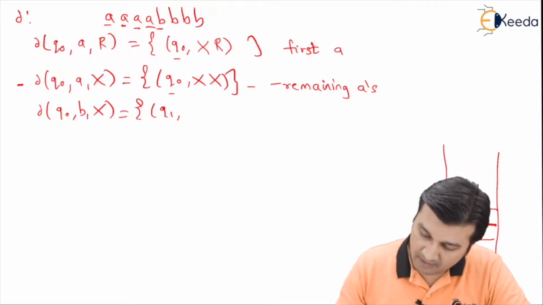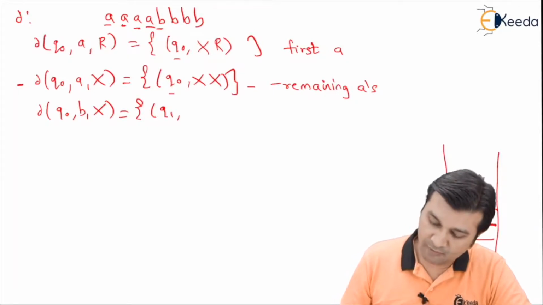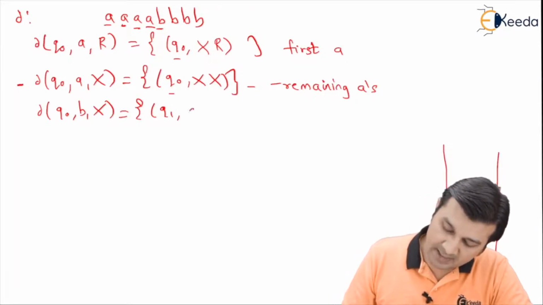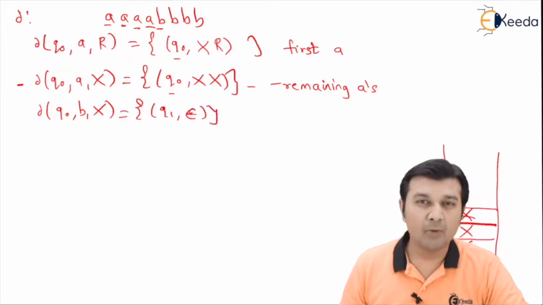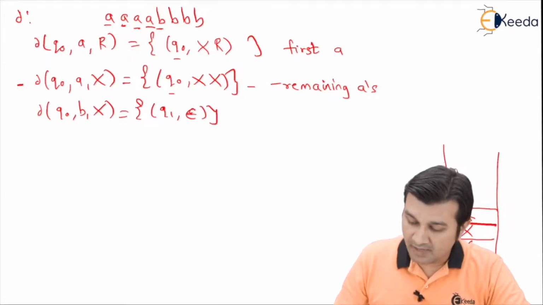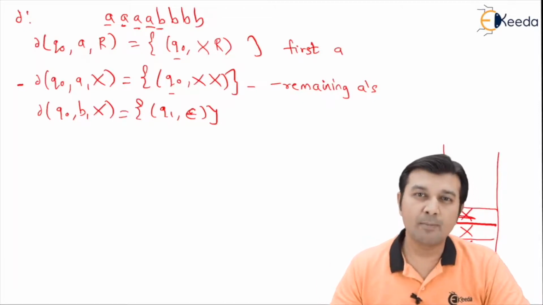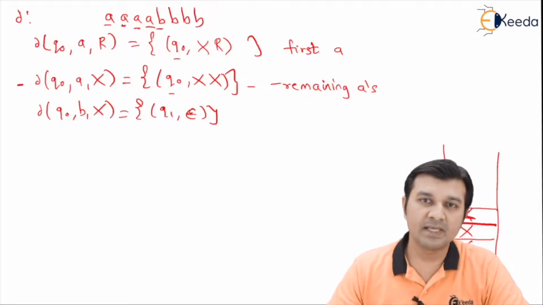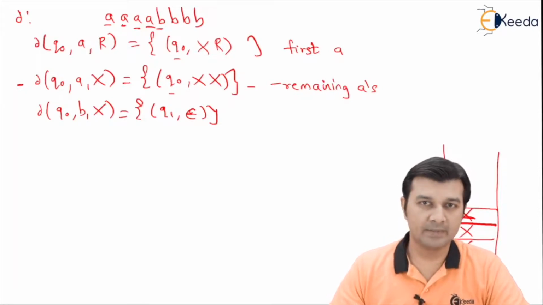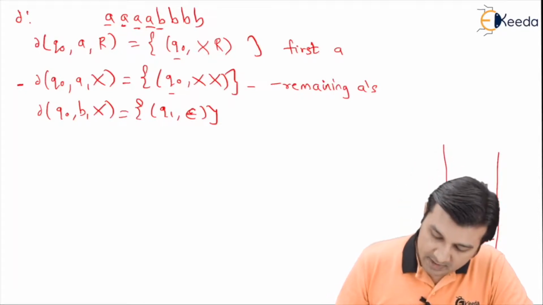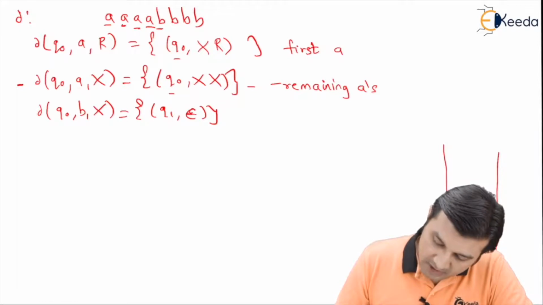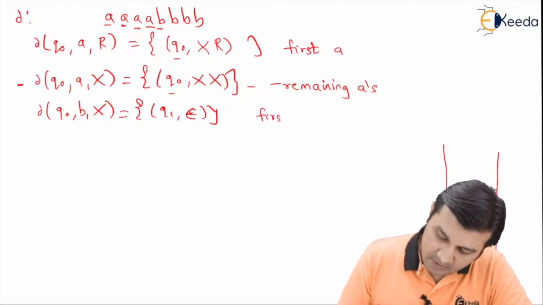Therefore now I have this x removed from the stack. Therefore I say comma epsilon. Now you might be wondering why comma epsilon. That is because when I say I'm going to strike off this x, what is going to be in that place is epsilon. Therefore we say q1 comma epsilon. Now this is going to be the logic for my first b.